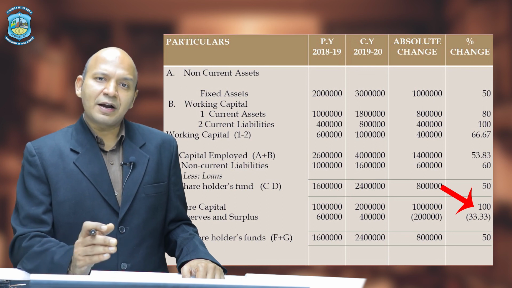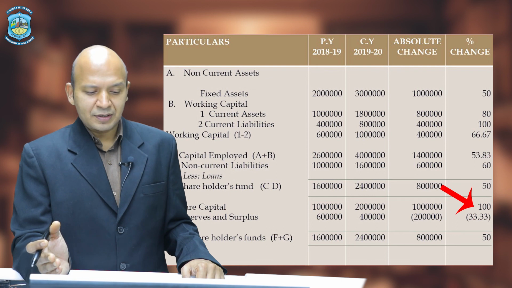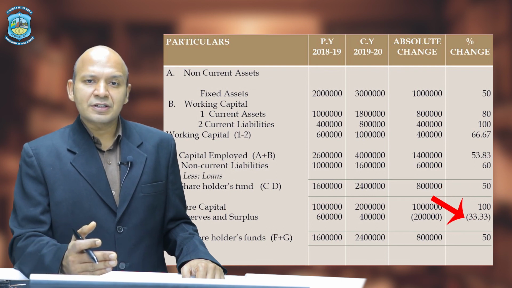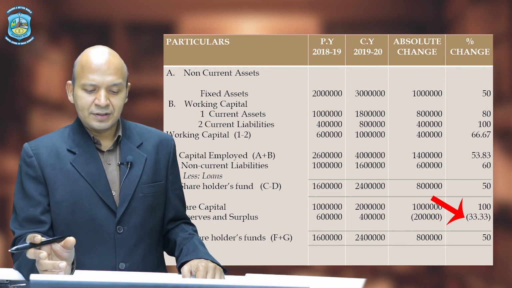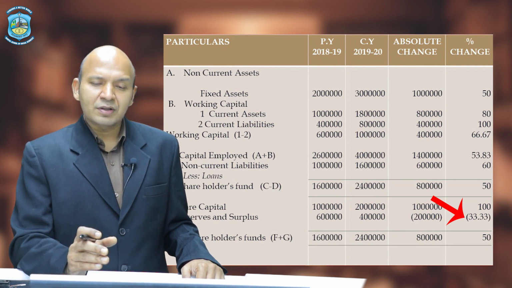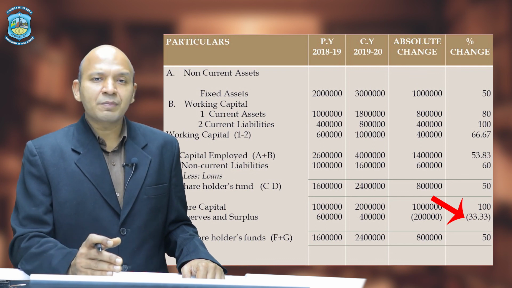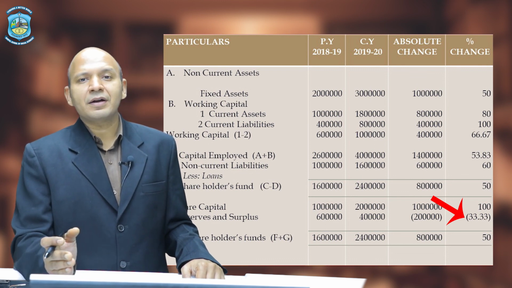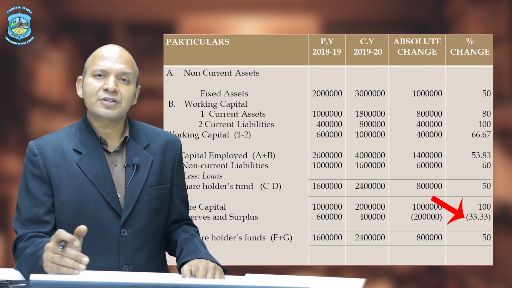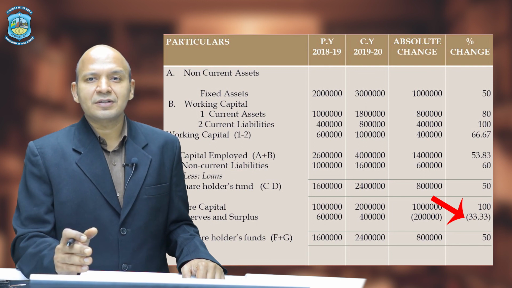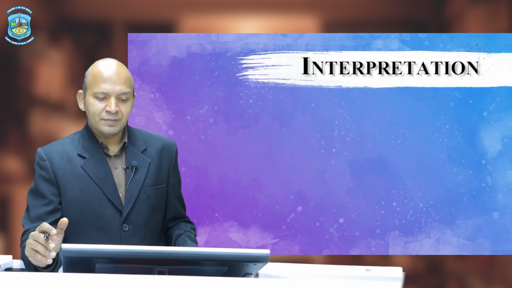So 10 lakhs divided by 10 lakhs multiplied by 100, percentage change is 100%. As far as reserves and surplus is concerned, absolute change was negative 2 lakhs. Previous year amount, it was 6 lakhs. So negative 2 lakhs divided by 6 lakhs multiplied by 100, whatever percentage comes, it should be negative, that is 33.33%.